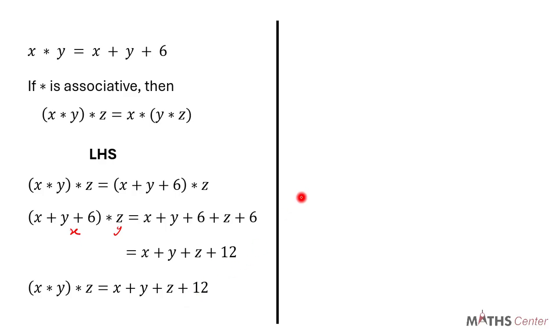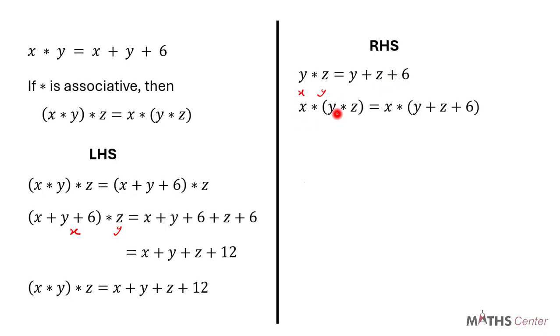Let's compute what we have on the right hand side. On the right hand side, we have x star (y star z). So let's deal with what is in the bracket first, y star z. When we compare y star z to x star y, we can see that y is x and z is y. So if we substitute this into the definition, we are going to have y plus z plus 6. Now we can find x star (y star z). y star z is y plus z plus 6, so x star (y star z) will be equal to x star (y plus z plus 6).